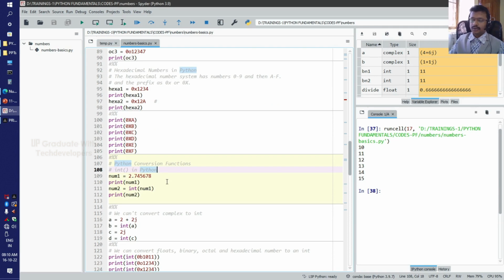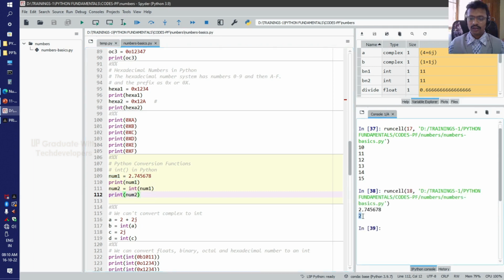For example, here I am using the int function to convert the floating point number into an integer value. So here it is a floating point number, and I am passing it inside the int function to convert it to an integer value. So here we got an integer value after the conversion.